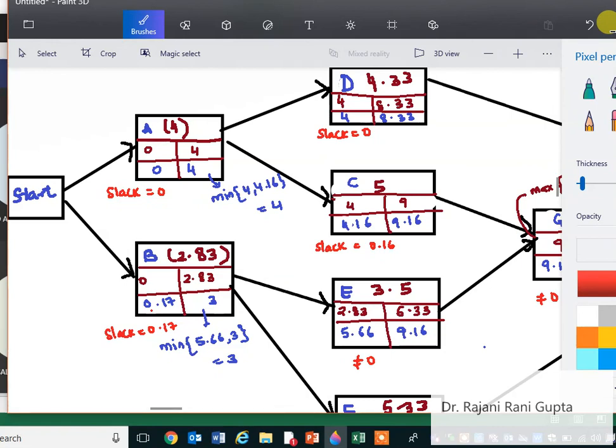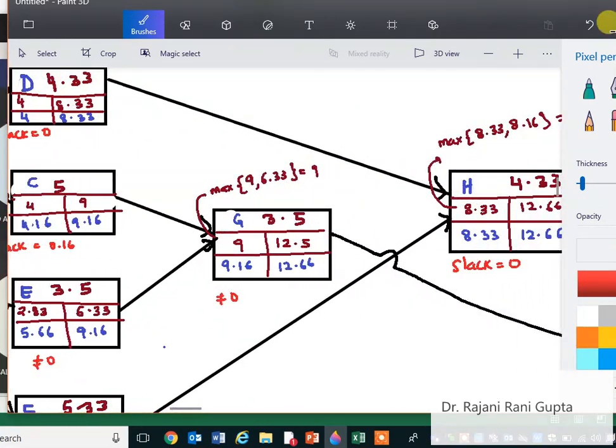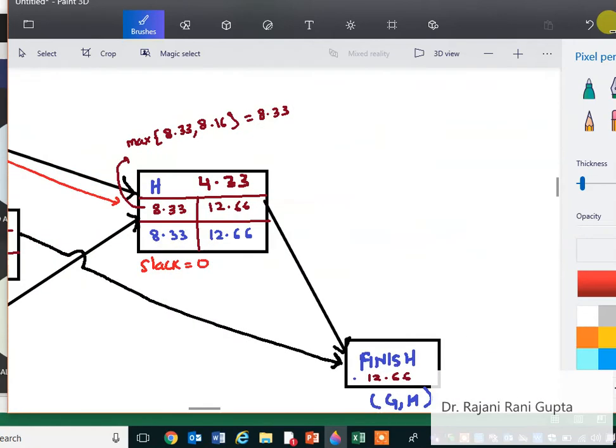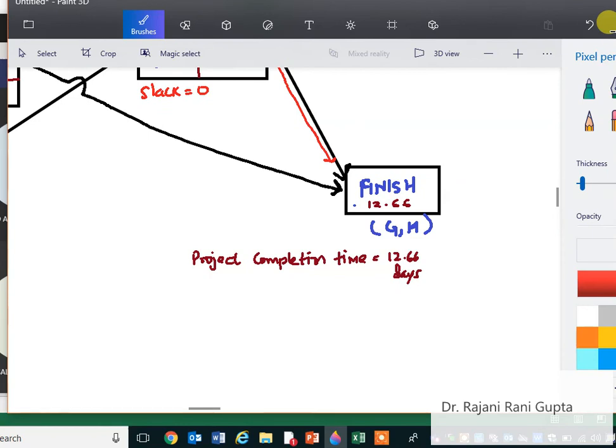So the critical path will be start, go to activity A, then go to activity D, then after D go to activity H and finish the project. So what we got? Project completion time, this. Critical path.